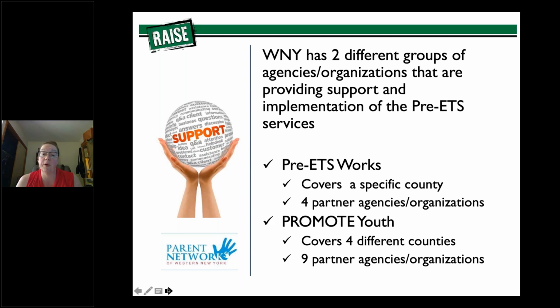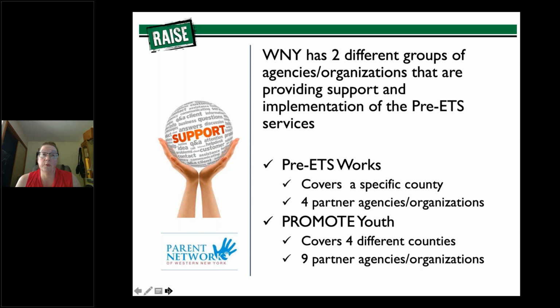We have one group called Pre-ETS Works, and they work specifically in one of our counties, and they are made up of 4 partner agencies and organizations. And then our other group is a bit larger, Promote Youth. They cover 4 different counties, and there's a total of 9 partner agencies.